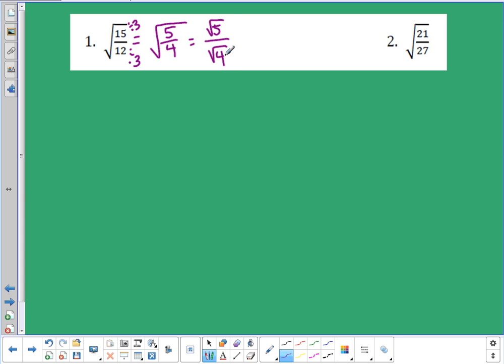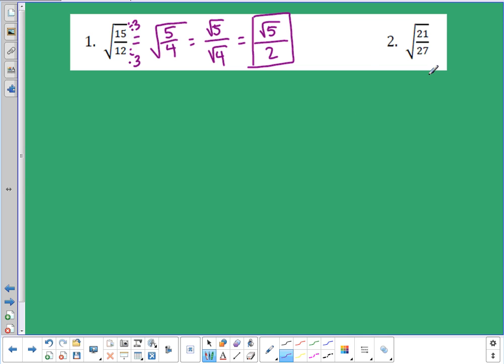That's what that quotient property tells me. And then in the bottom, the square root of 4 is just 2. So then I have the square root of 5 all over 2, and that's my simplified radical expression. There's nothing else that I can do with the 5. The denominator doesn't have a radical. There's no fraction underneath the radical, so I've taken care of all of those things.